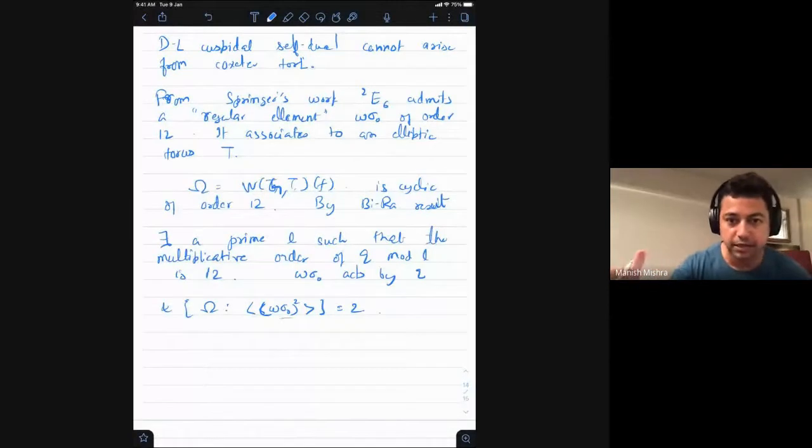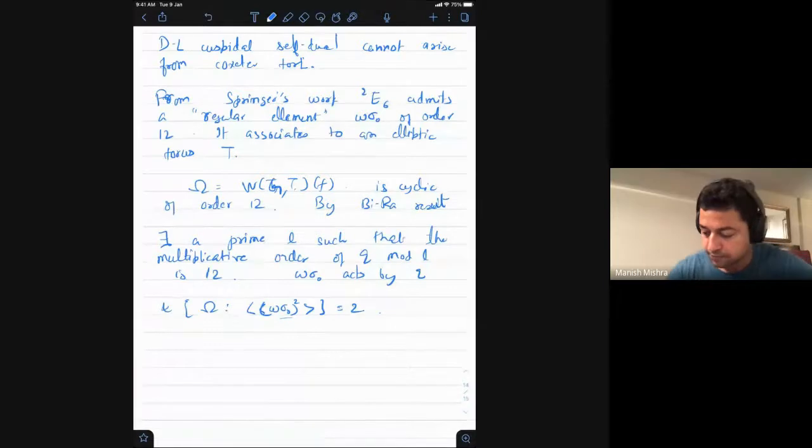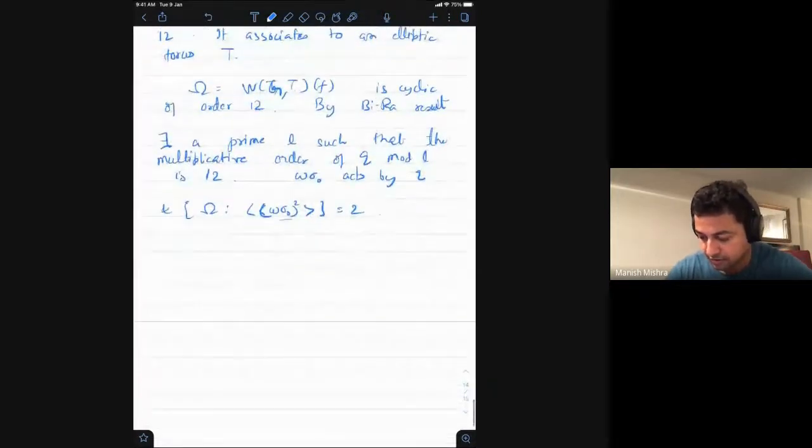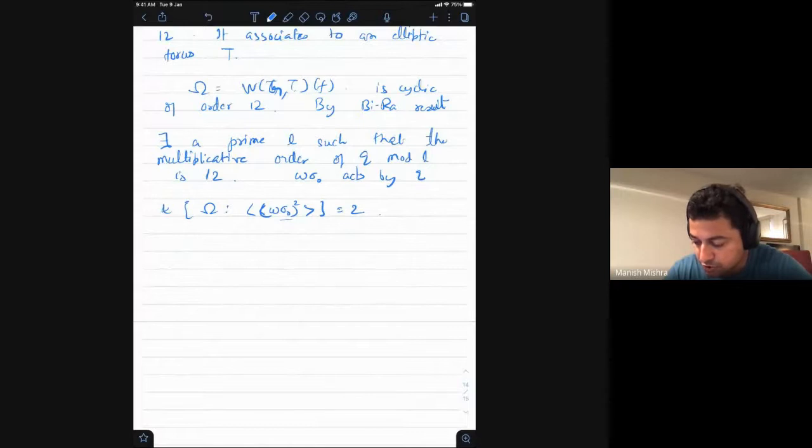So it acts by a scalar. Notice that the Weyl group is not generated by w sigma naught square. It is an index 2 subgroup. In the Coxeter setting, w sigma naught square was actually generating the full Weyl group. Here it's generating an index 2 subgroup. So the argument has to be modified a little bit.